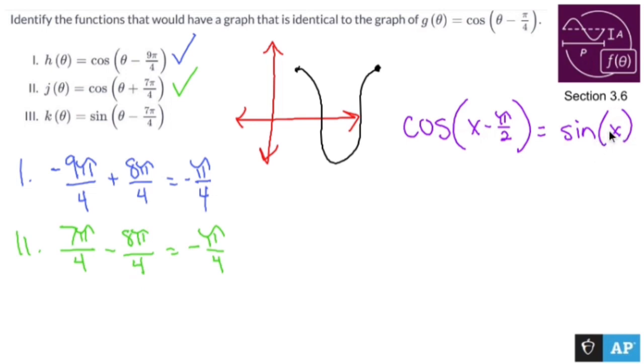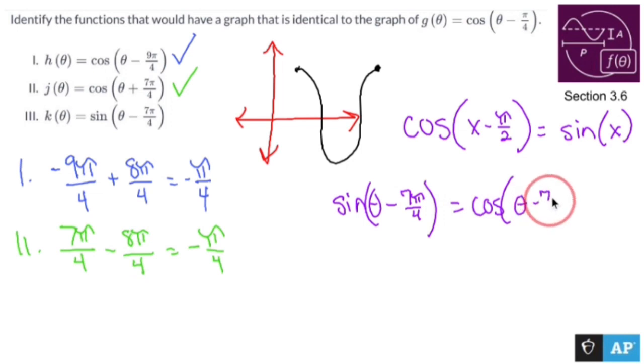Sorry for misspeaking there. Now, what that means in this situation is I'm given sine of theta minus 7 pi over 4, which can be rewritten as cosine of theta minus 7 pi over 4 minus pi over 2, because we're imagining that this is x minus pi over 2.